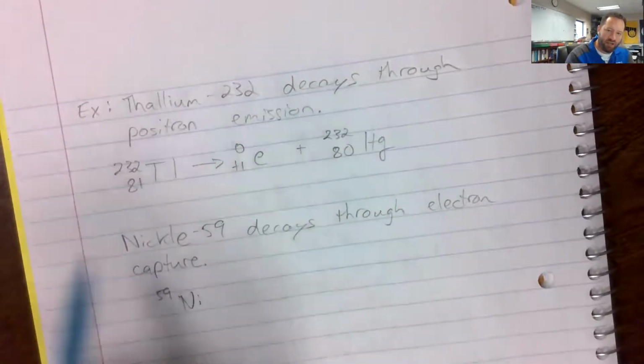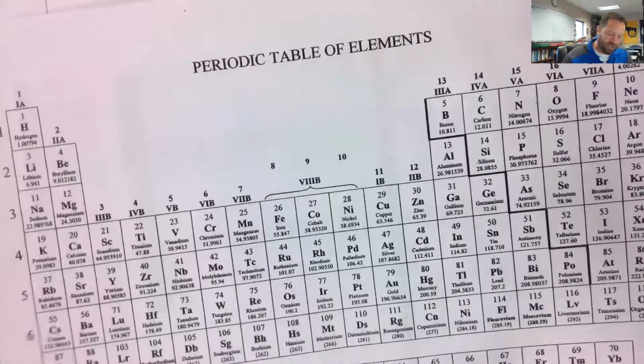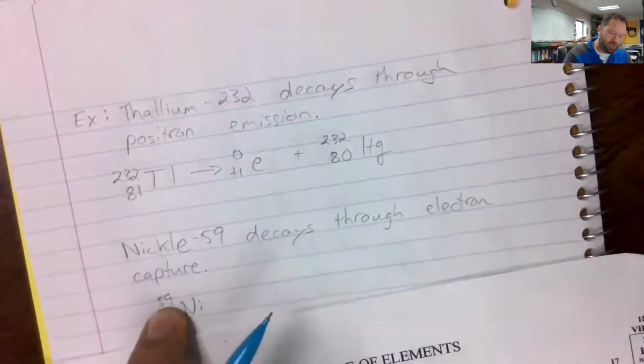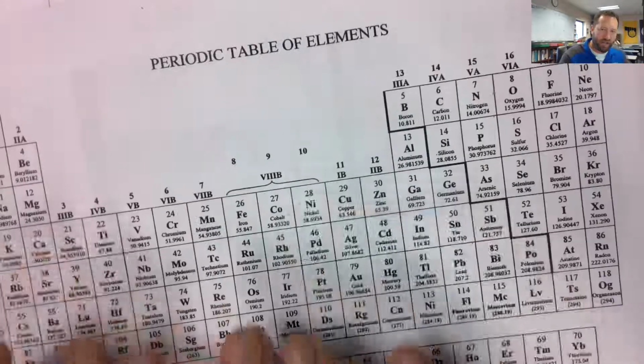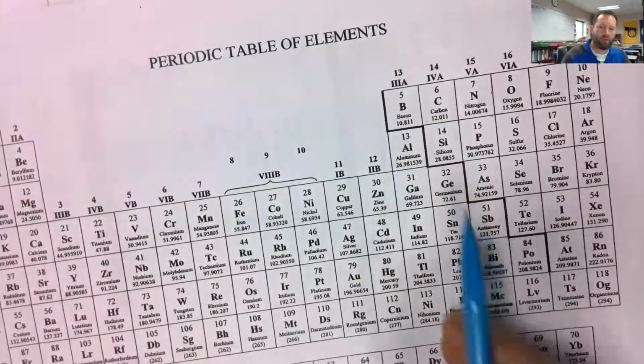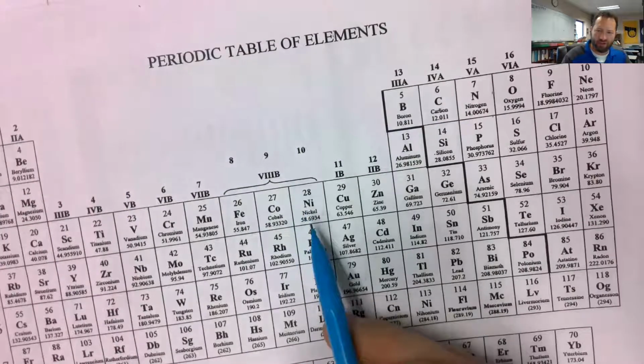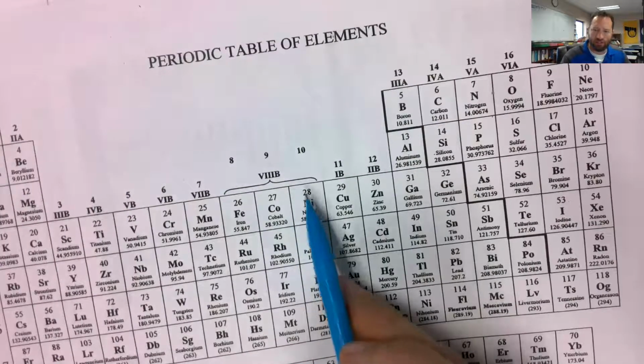Okay, so nickel 59, I don't know off the top of my head what nickel is, but 59 is a pretty small mass, not a very big mass. So I'm guessing it's going to be towards the top of the periodic table where the smaller elements are. And there we are. There is nickel. He's number 28.